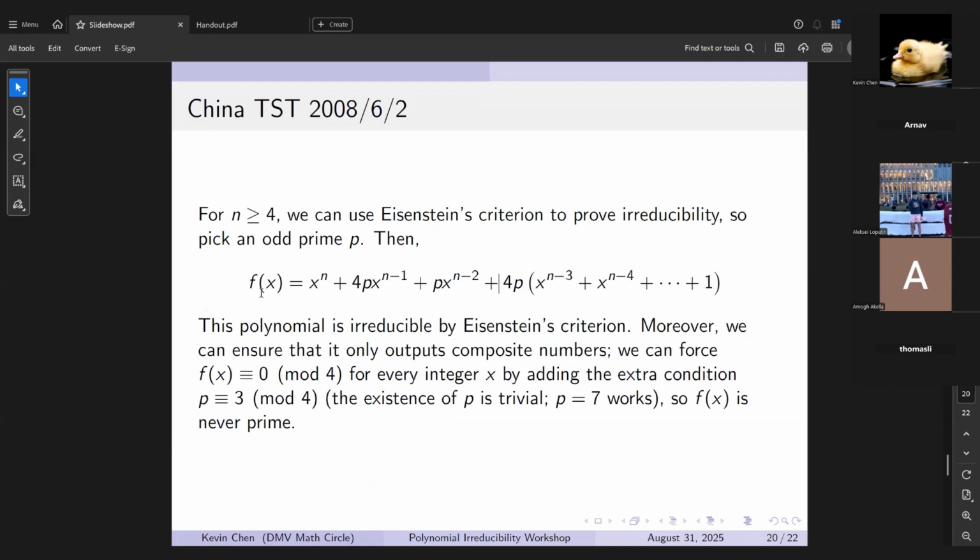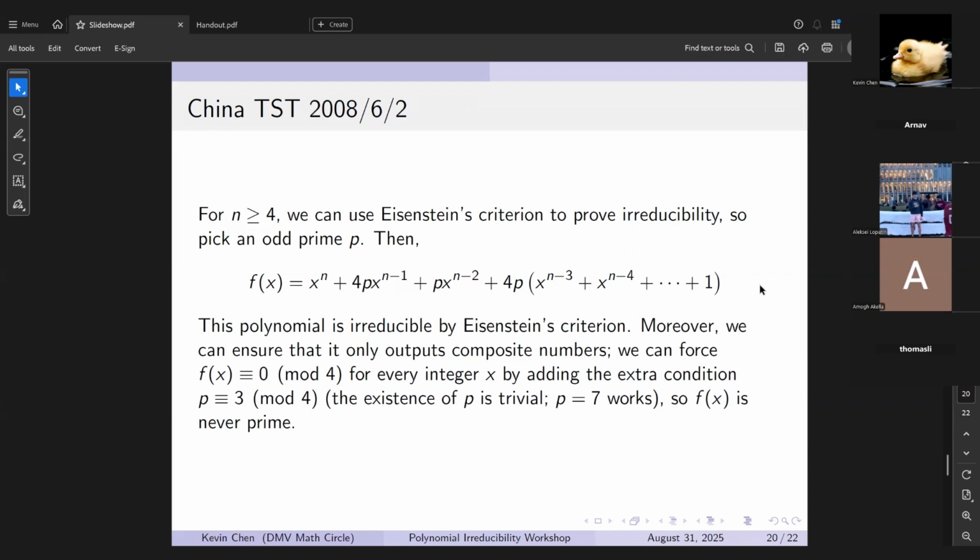So if we look at this polynomial, if we pick any odd prime number p, this satisfies Eisenstein's criterion, so it's irreducible. And so we only need to care about the other condition, that all output values of f of x, absolute value, are not prime.